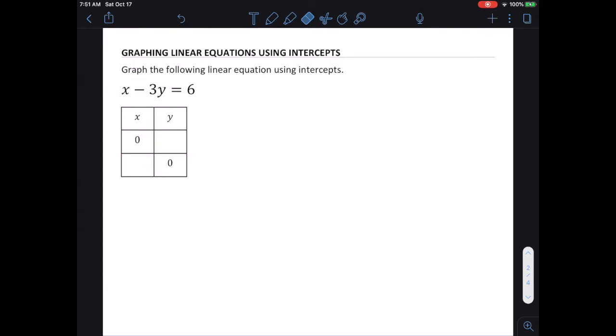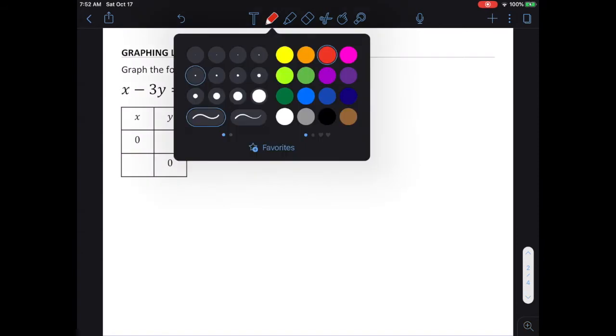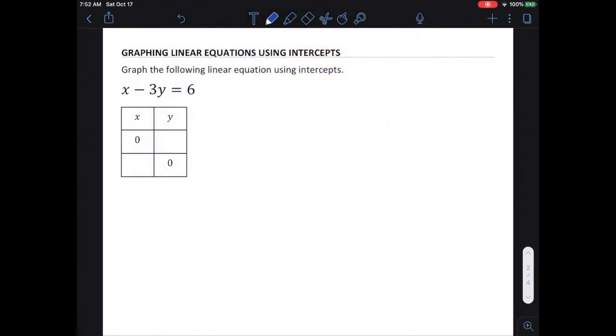Some people find this easier than doing it where you have to pick your own numbers to put in the table. And I do find this easier because working with zeros is really easy. So for example, if we look at this equation and we plug in a 0 for x, we have 0 minus 3y equals 6. So essentially that x term just disappears.